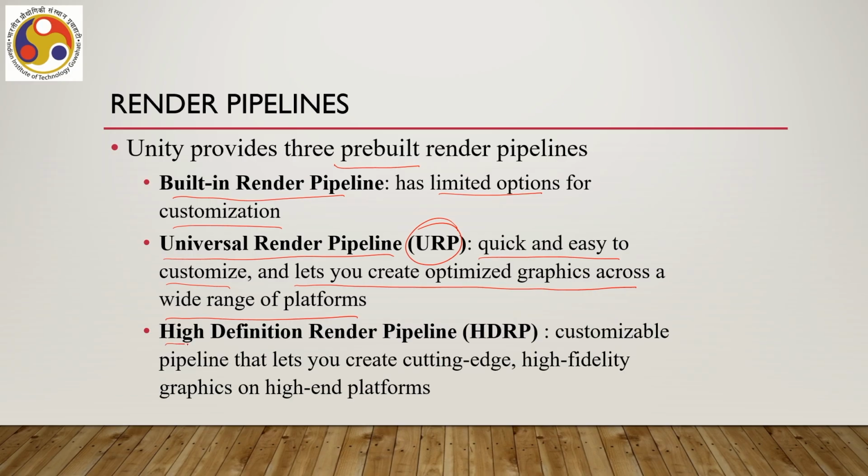There is also the high definition render pipeline, HDRP. It is also a customizable pipeline that lets you create cutting edge high fidelity graphics on high end platforms. So, this is specifically meant for photorealistic implementation, which requires a good amount of resources. So, it is typically meant for high end platforms, high end graphics workstations with good GPU support.